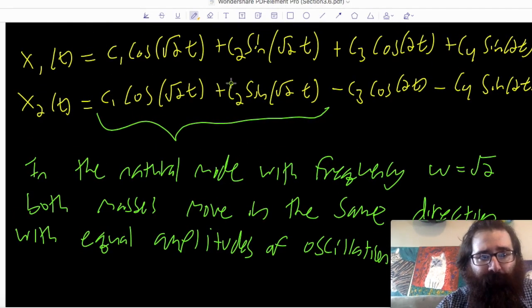So I noticed that the coefficients are exactly the same sign, same magnitude.